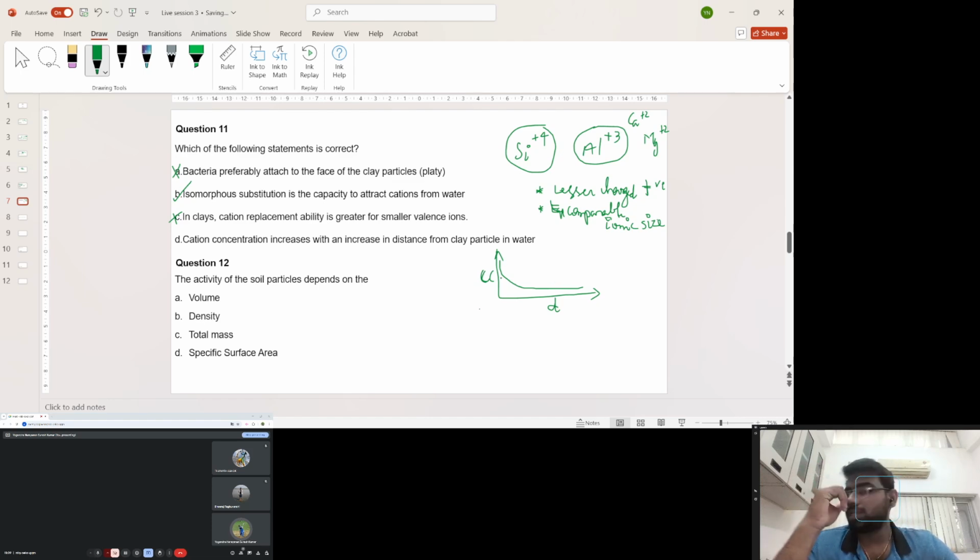So it will be almost an exponential curve. So this is also not the right option. So the only right option is isomorphous substitution. The statement regarding the isomorphous substitution, right?